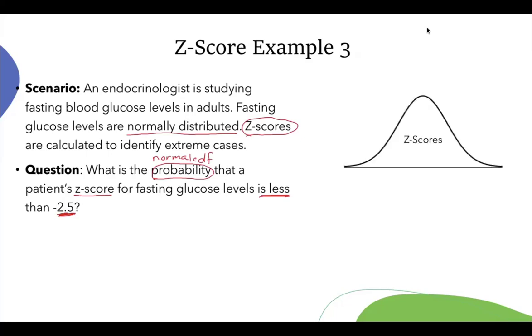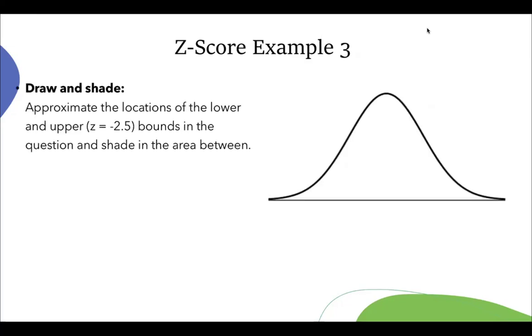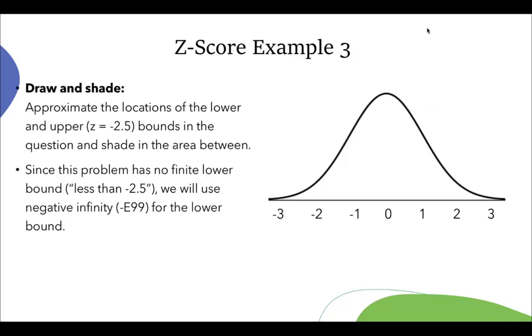So let's make our bell curve with our z-scores on the horizontal axis and locate the z-score in question. It's negative 2.5. So if we find negative 2.5, it's around here, halfway between negative 2 and negative 3. Your picture doesn't have to be perfect.